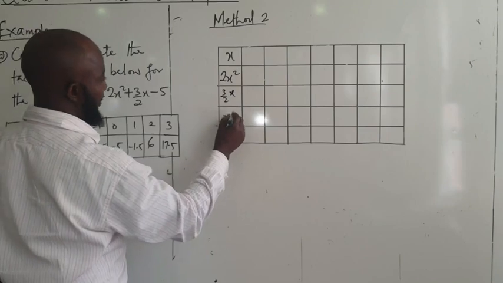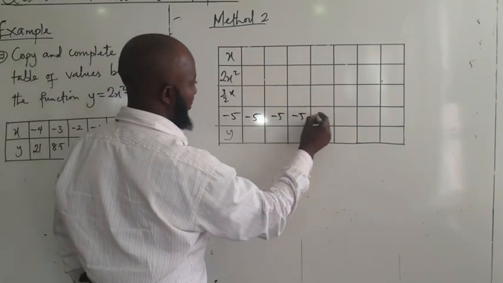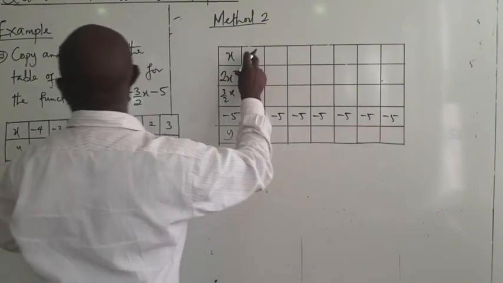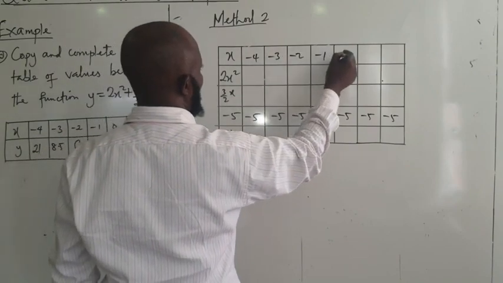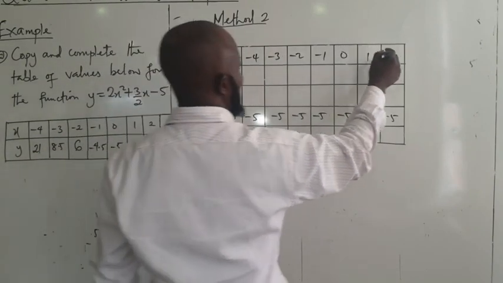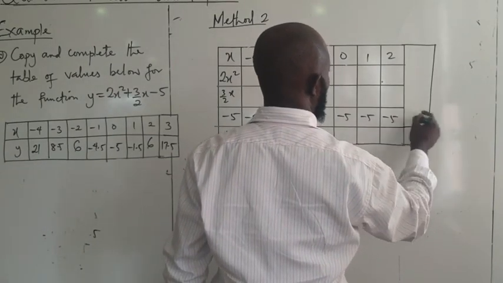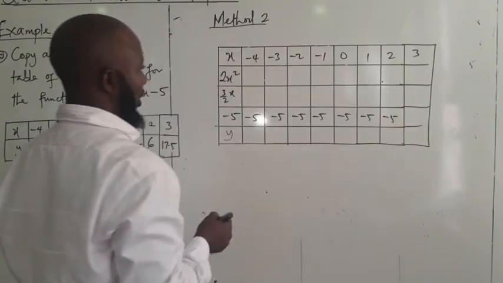And the last one is minus 5. The minus 5 will be written throughout: minus 5, minus 5, minus 5, minus 5, minus 5, minus 5. For x we have minus 4, minus 3, minus 2, minus 1, 0, 1, 2, 3. Is that very clear?